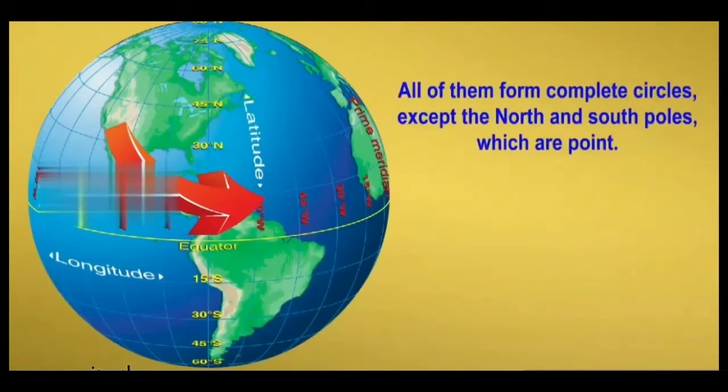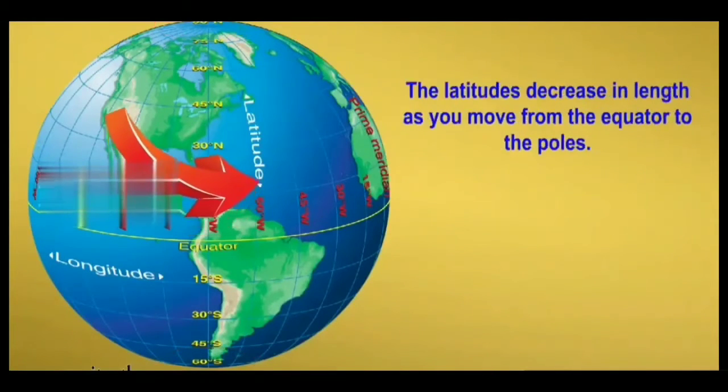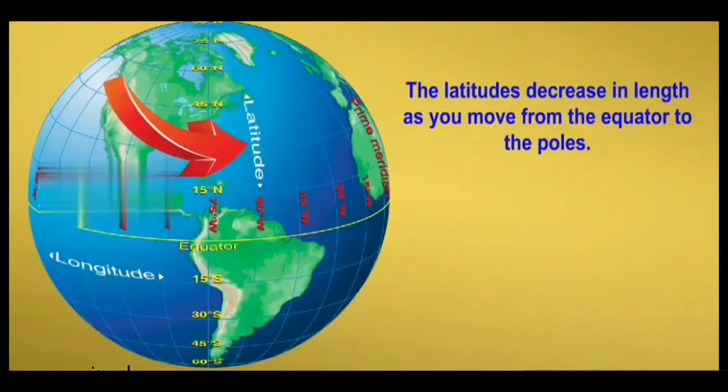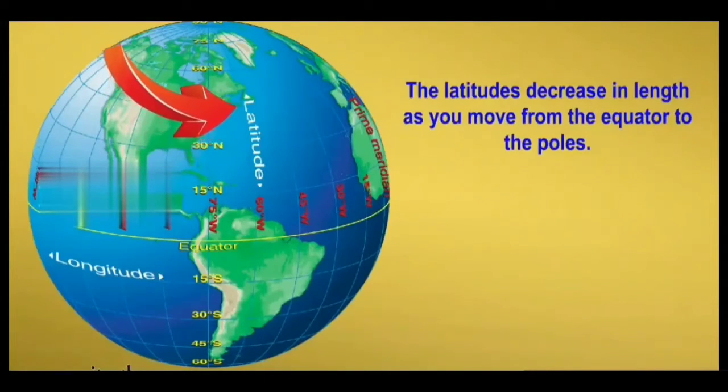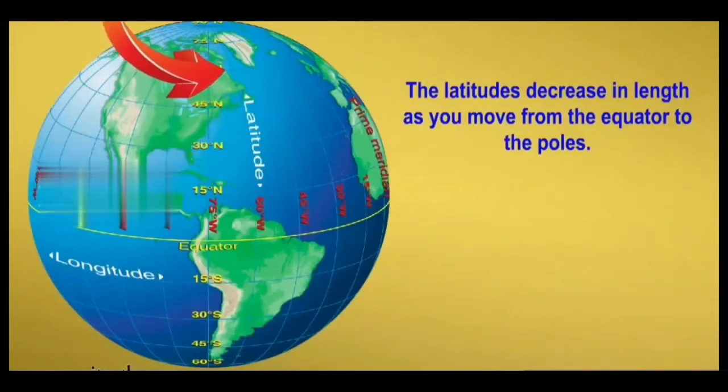All of them form complete circles except the North and South Poles, which are points. The latitudes decrease in length as you move from the equator to the poles.